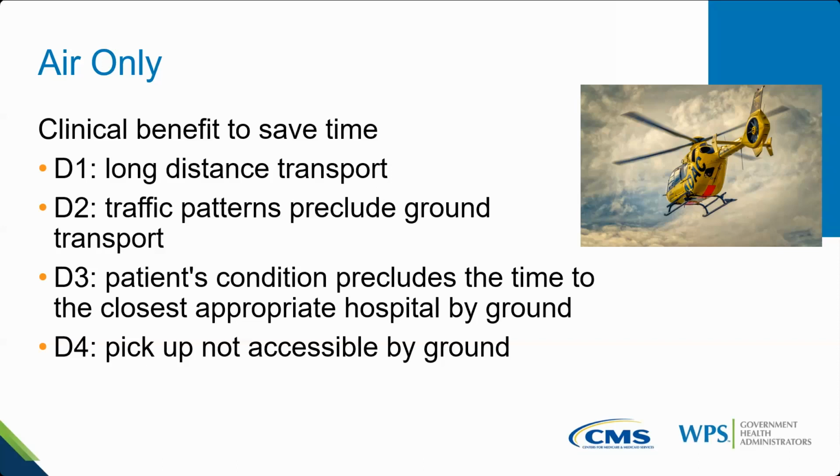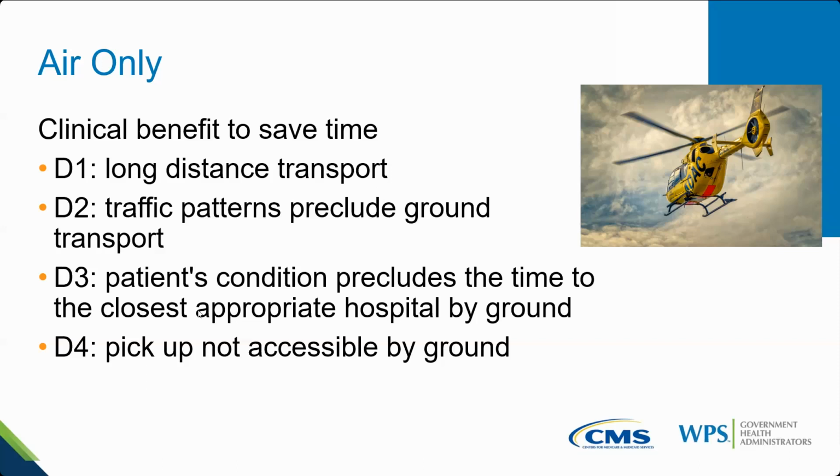For instance, there was one situation where we got a claim in, in an area where the interstate system was under construction, which would have actually added about 4 hours during rush hour for this transport. While it looked like on a map you could have just simply driven in there, the traffic did not allow for it because of the construction during the time the transport was needed. That would be an example of when to use that.